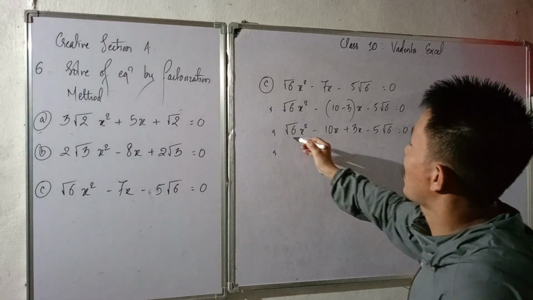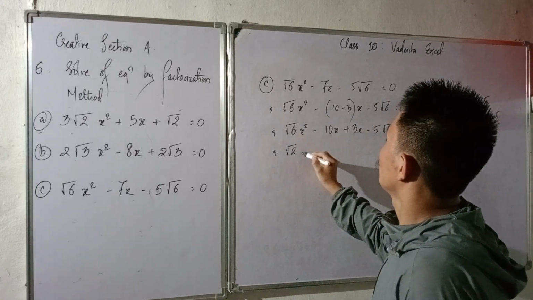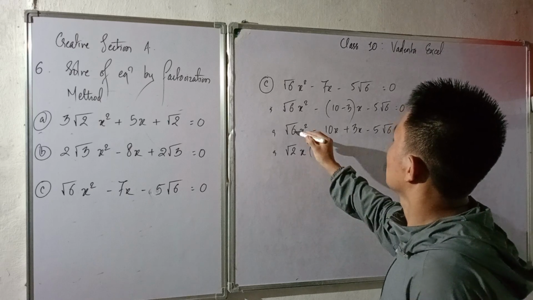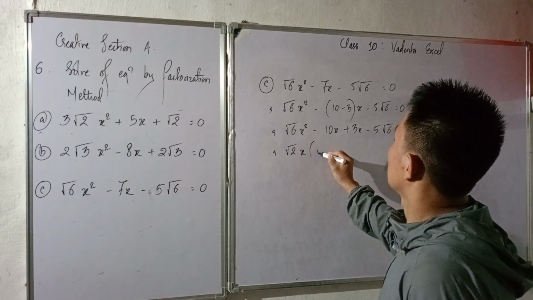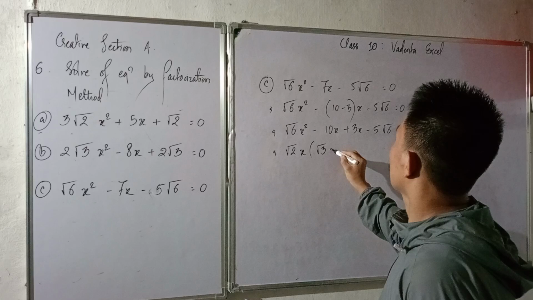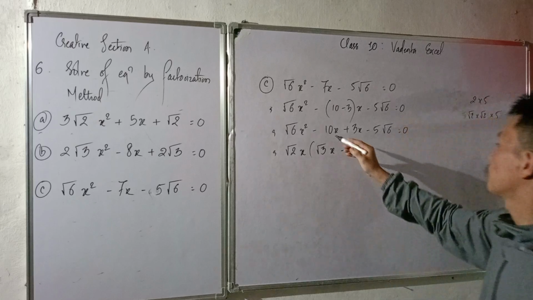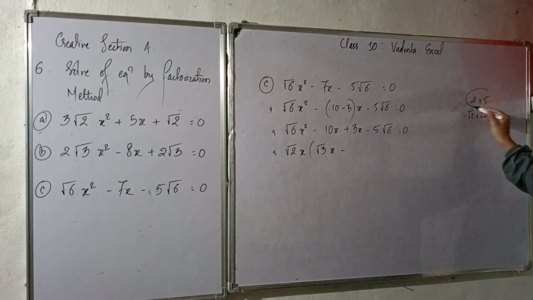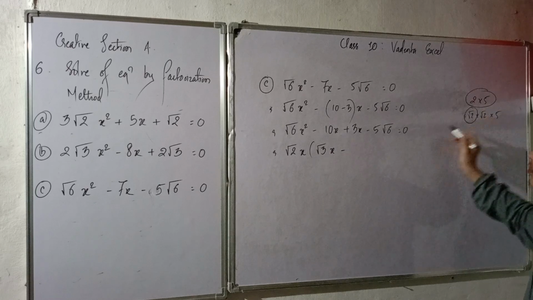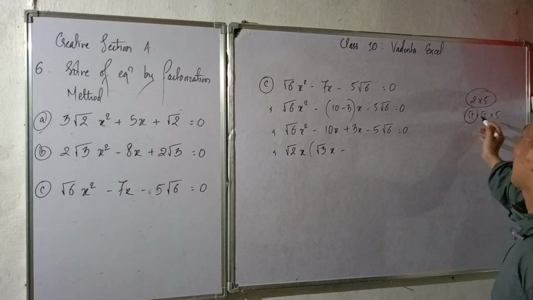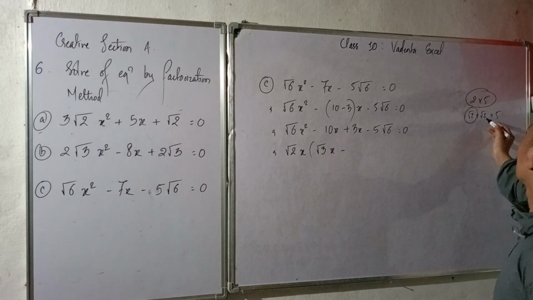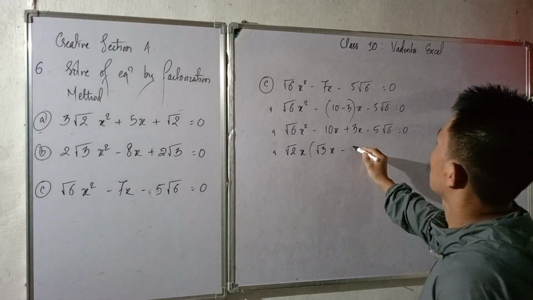So if you extract here root 2 x, then from here the remaining will be root 3 x minus. Now from 10 I have kept root 2 outside and x also outside. Now the remaining will be 5 root 2.